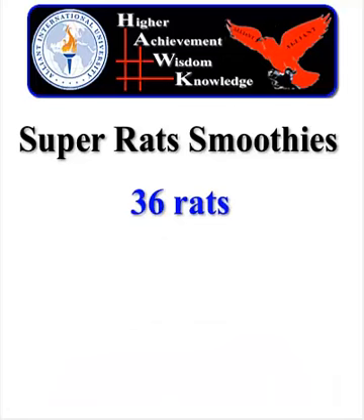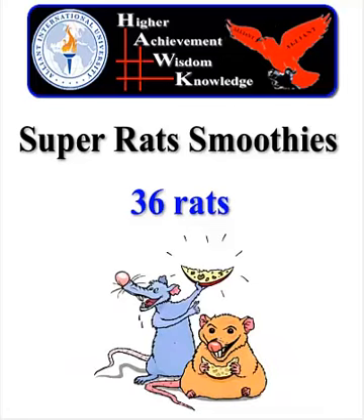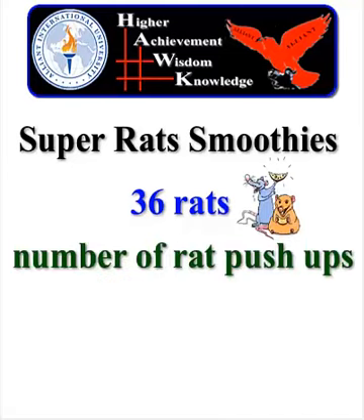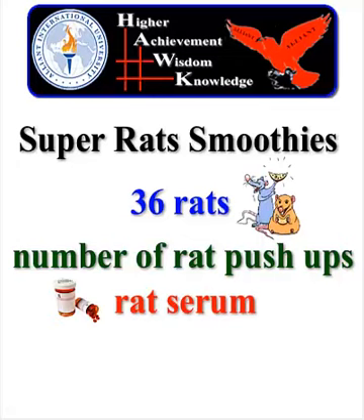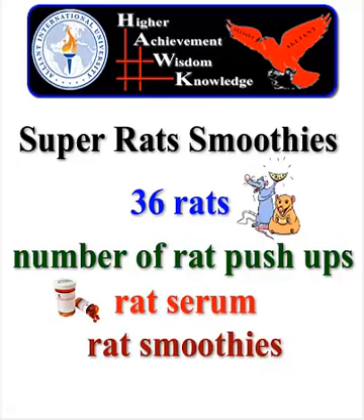So we take 36 rats, filthy stinking rats, and we're going to give them either a serum in one of 3 doses or a smoothie, either a large or a small, and a combination of the serum and the smoothies, and we're going to make them do push-ups. So we're going to see if there's going to be a difference between the number of rat push-ups due to the different levels of rat serum and/or the different sizes of the health smoothie that the rats are going to drink.